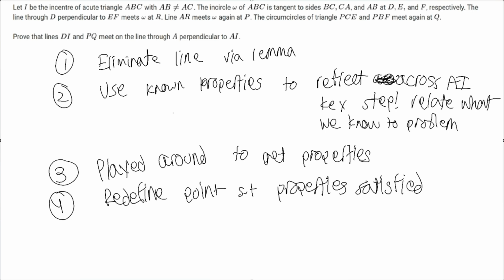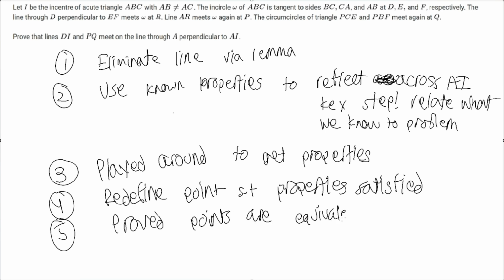And then after that, we proved that the points are equivalent, by proving that the circles were concyclic by inverting. And then finally, the last step that we did was to solve a simpler problem.